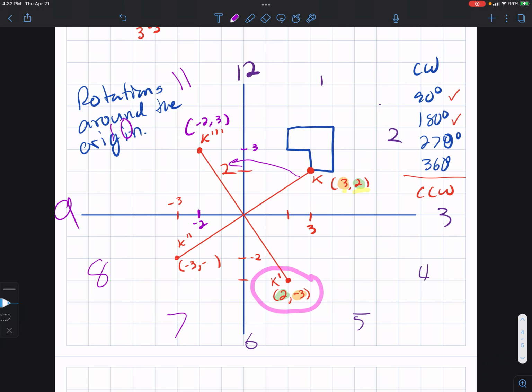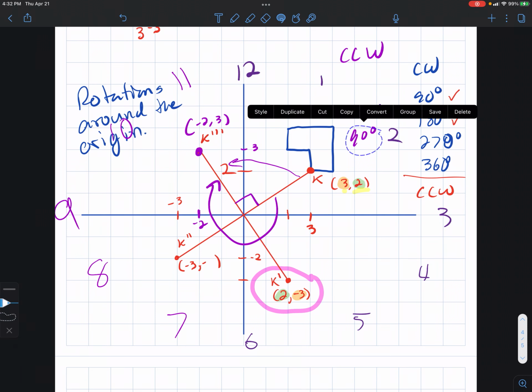So going in the opposite order, going this way, this would be a 90-degree turn. And if you notice, this is the same location as the 270-degree turn. So going counterclockwise 90 degrees is the same thing as going clockwise 270 degrees. These are the same location.